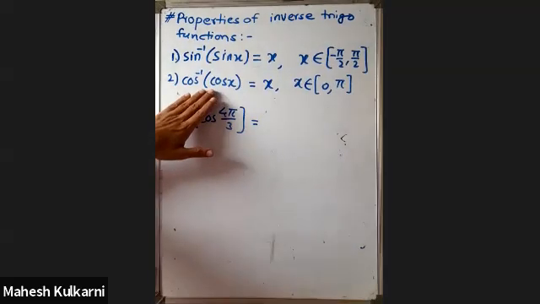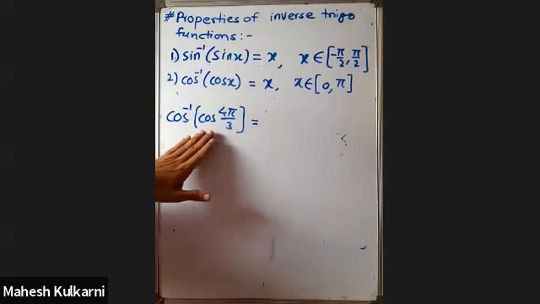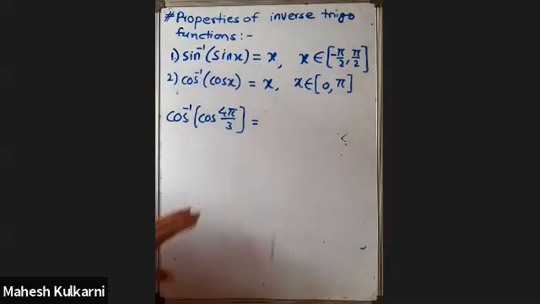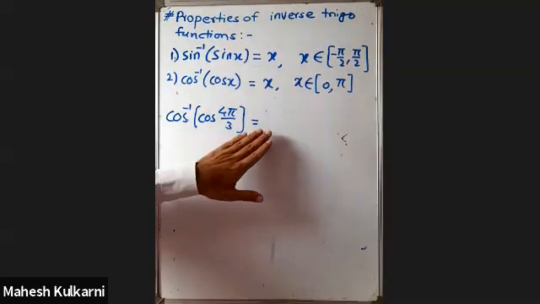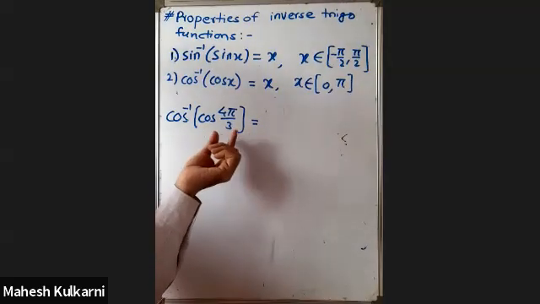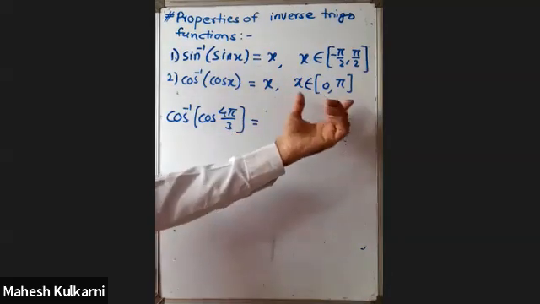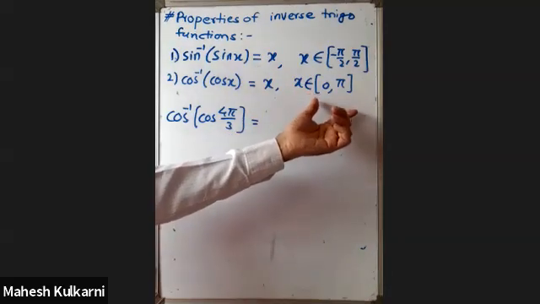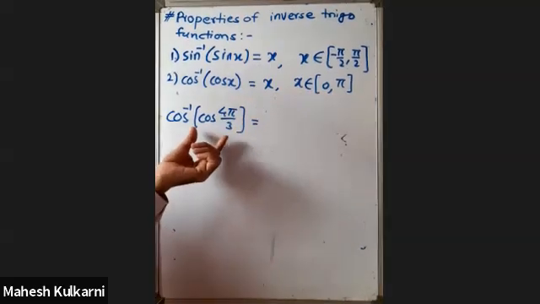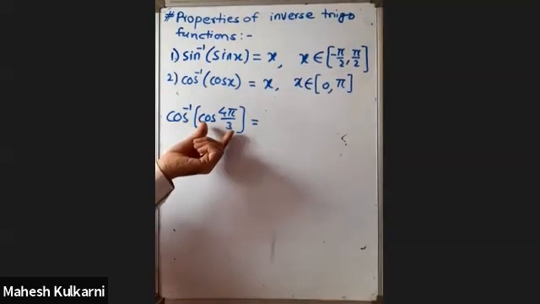Now cos inverse of cos x is x. Here, cos inverse of cos 4 pi by 3. Can we write this directly as 4 pi by 3? Before you write this value of x, we have to check whether it belongs to the interval 0 to pi or not. But if you observe here, it is 4 pi by 3, so 4 pi by 3 is greater than pi.